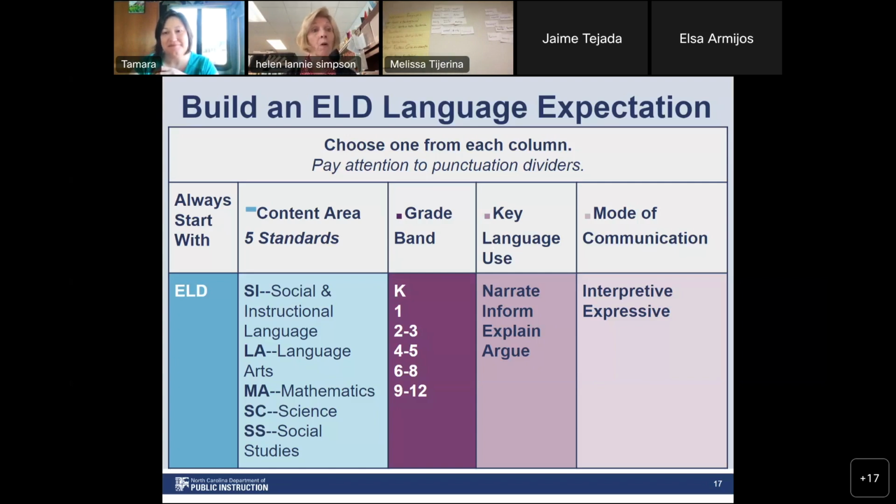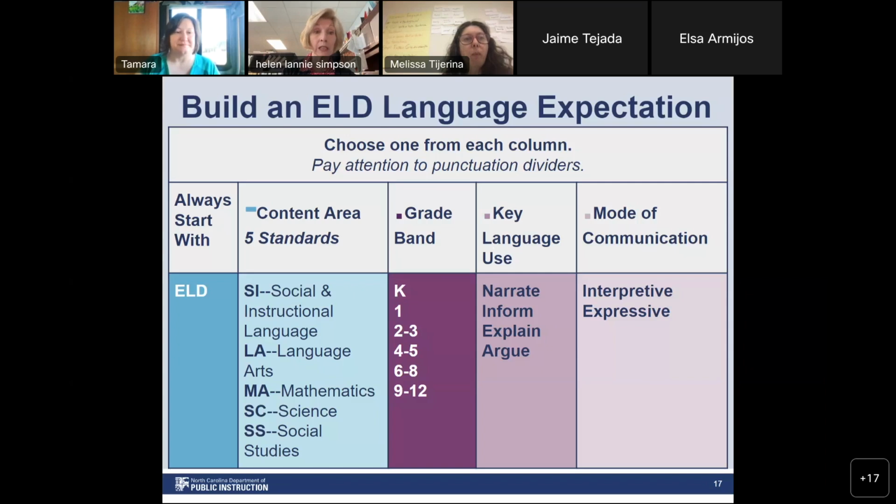Because as you all are well aware, as educators of multilingual learners, videos are a fabulous resource. And in particular, when you are building text sets for your students, oftentimes you start out with a video to build that background knowledge. And then finally, the other mode of communication that WIDA has developed that's new with these standards is expressive.